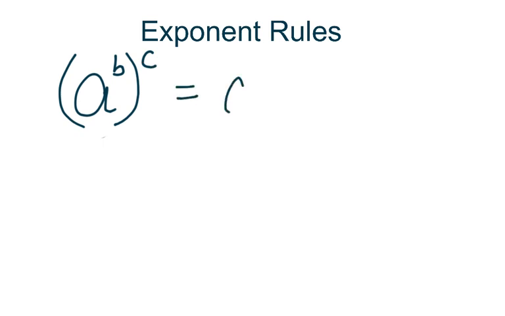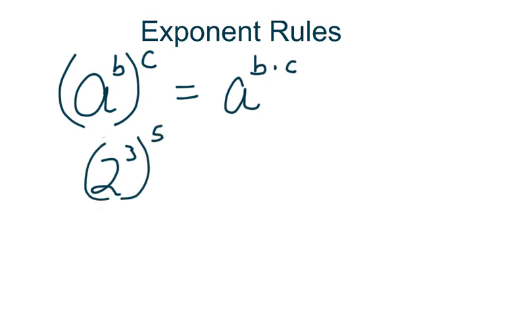Now let's look at if we have one base, but it's raised to 2 powers, so it's a to the b power, and again raised to the c power. That becomes that base raised to the b times the c. As an example, if we have 2 to the 3rd power, and that is raised to the 5th power, that becomes 2 to the 3 times 5, or 2 to the 15th.